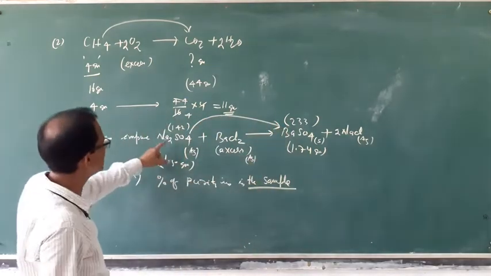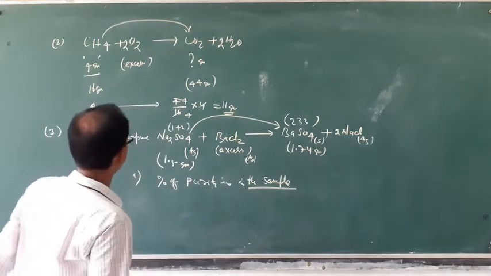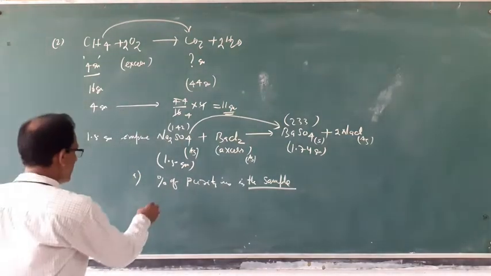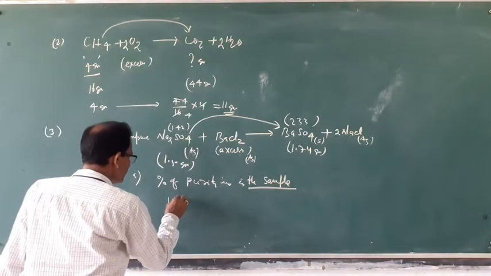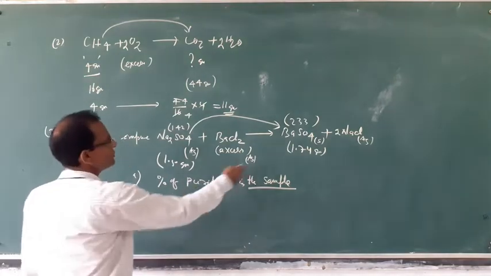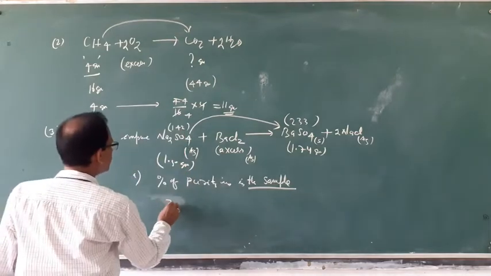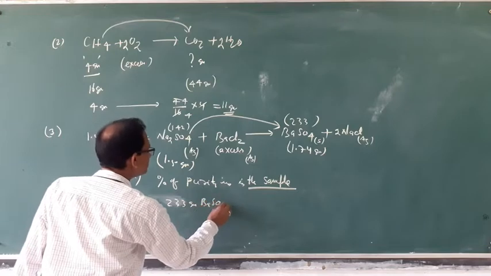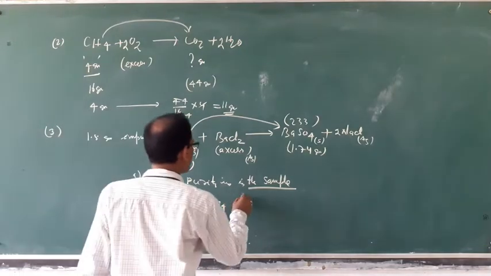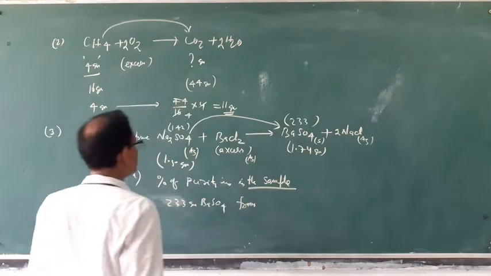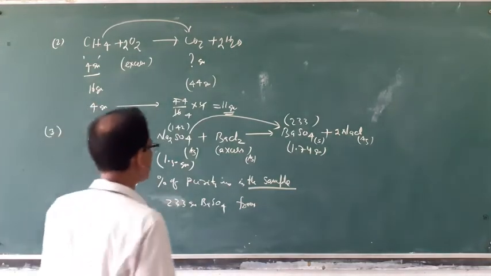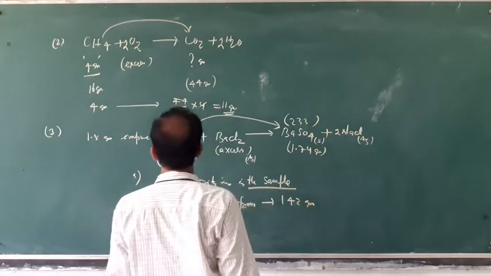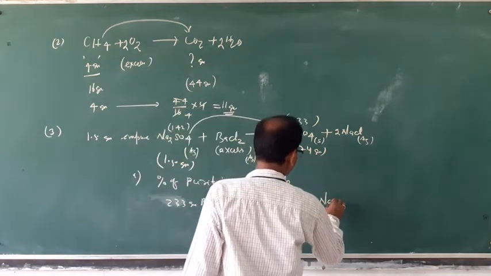Because as per the question, these two data are given. So you will compare this. 233 gram barium sulfate produced from how much gram? 142 gram sodium sulfate.